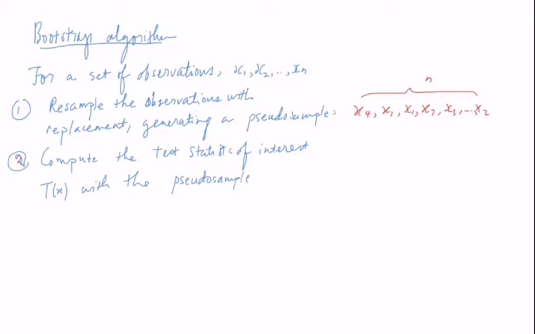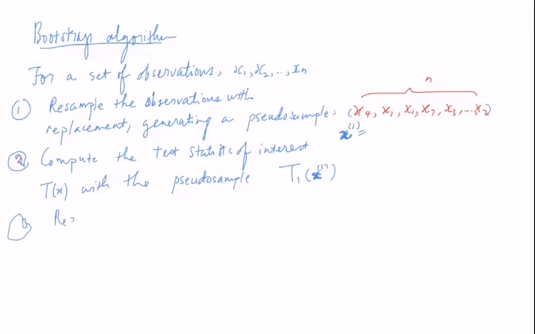So for example, this pseudo sample, you would maybe write it as x bracket 1, to denote the set of observations. So this is like a vector, right? A vector of observations. So basically, then you will get T of x1 with this set of pseudo sample, right? And then basically that's it.